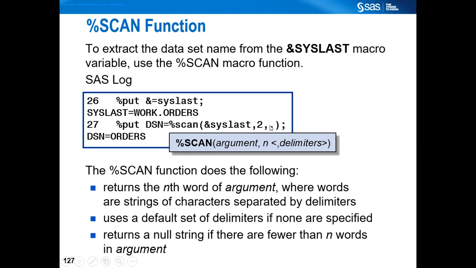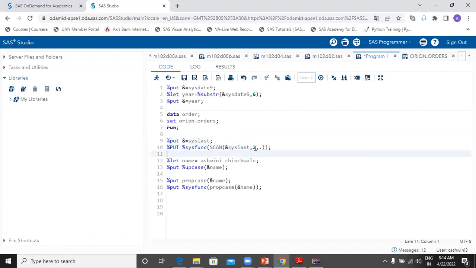Suppose we use percent sysfunc followed by the SAS scan function, then also no need to use double quotation delimiter. See in our case, did I use it in quotes? Because this is a macro variable, this is a macro function, this is my macro statement.